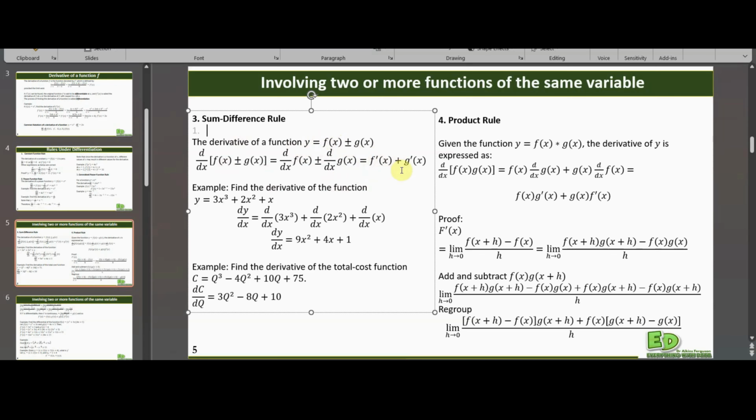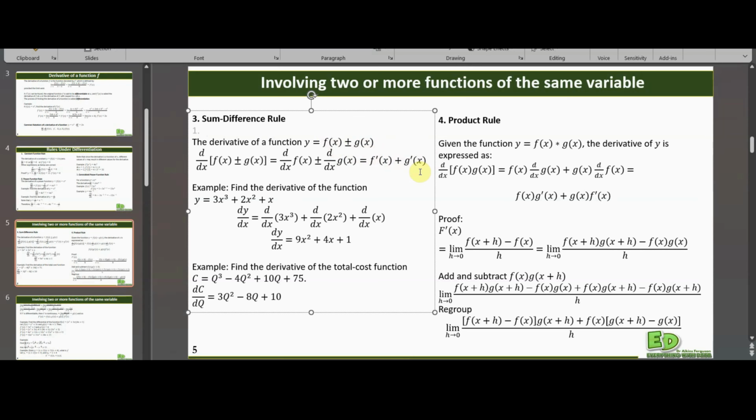If the binary operation separating the two terms is positive or plus, we would say f prime of x, which is the differential of the first term, plus g prime of x, which is also the differential of this second term, g of x. So if you differentiate f of x, you get f prime of x. If the binary operation is plus, you bring it there, and then you differentiate g of x, you have what? You have g prime of x.